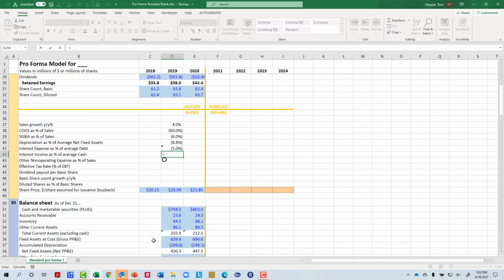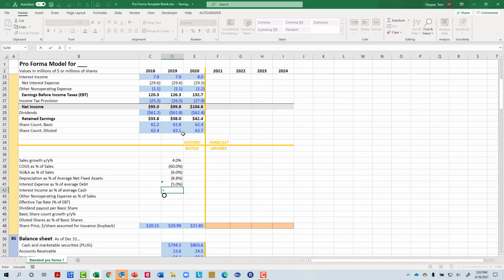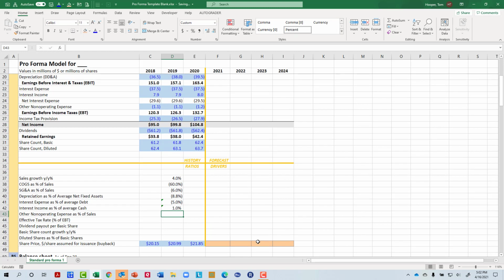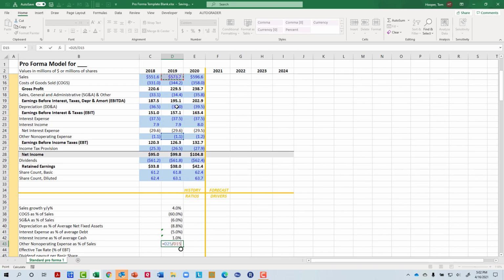And then we want to see what kind of interest rate we were making, our interest income divided by our average cash and marketable securities. That was about 1%. Now all those things on the income statement that I didn't know where else to put, I just put in this other non-operating expense. It's a very small percentage of sales.